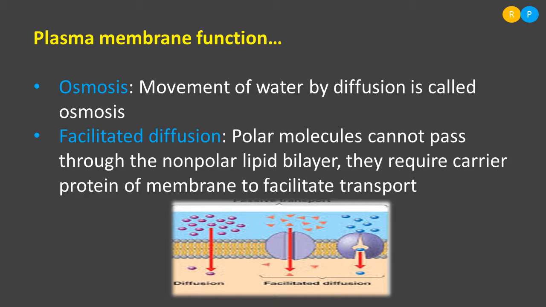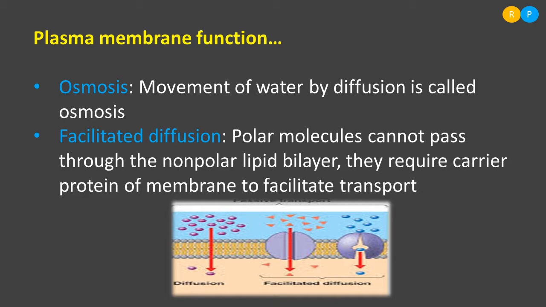Those molecules are called what? Polar molecules. Clear? Polar molecules are nothing but water soluble molecules. Polar molecules cross the plasma membrane through protein channels. When the movement of molecules is facilitated through the protein channel, such a transport is called facilitated diffusion.